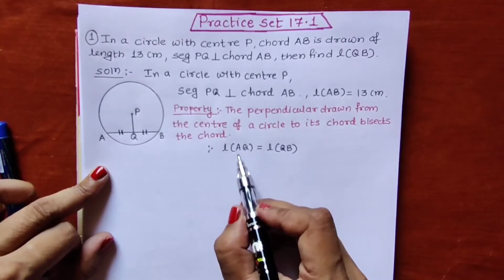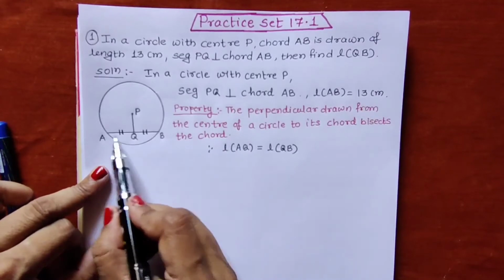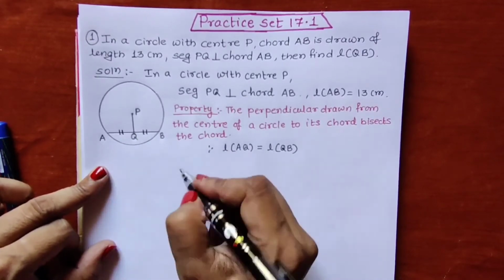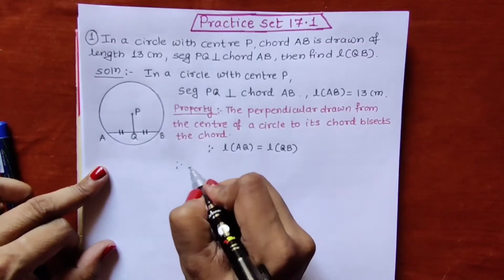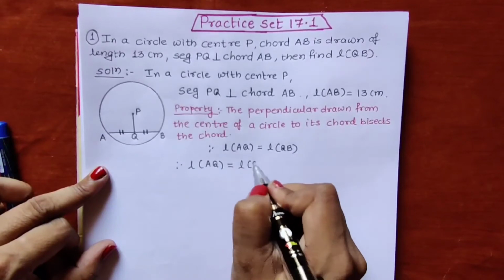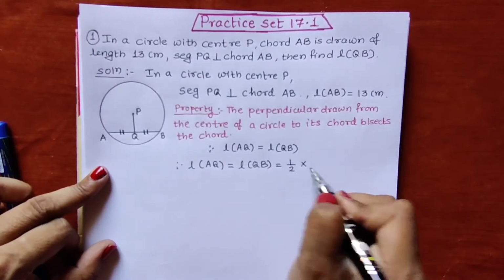Now let us see how to find out AQ and QB. As AB is 13 centimeters, and AQ and QB are congruent with each other, length AQ and length QB will be equal to 1/2 into length AB.